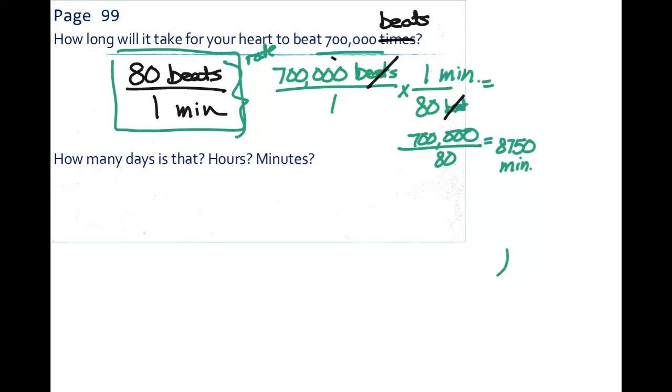How could I change that to hours? Because it says we want to know how many days is that, how many minutes. So I would take 8,750 minutes. Okay, you can put that over 1. What is an equivalent ratio if you're talking about minutes to hours?